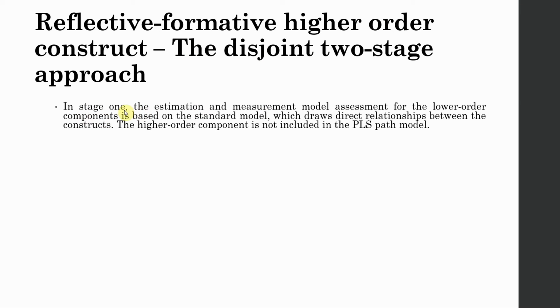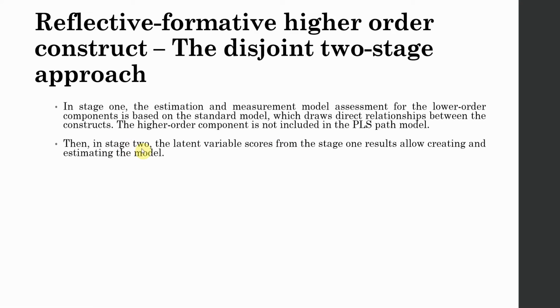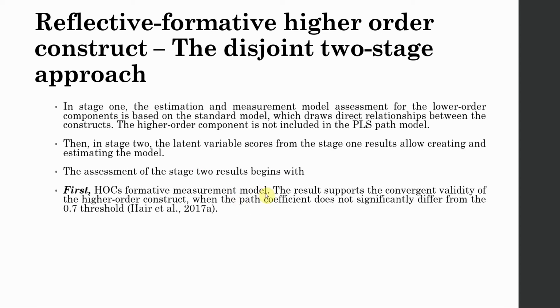Now in stage 1, the estimation of the measurement model assessment for the lower order components is based on the standard model, that is again the reliability and validity is established. Then in stage 2, the latent scores are used from stage 1 and then you create your higher order model. This is how you begin your second order.